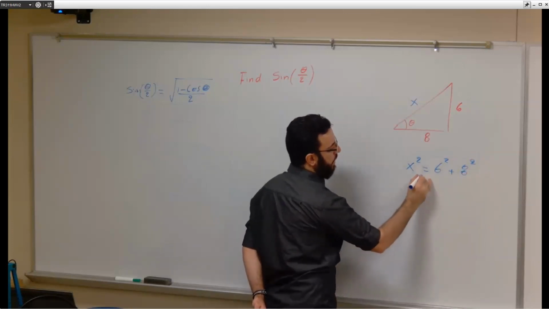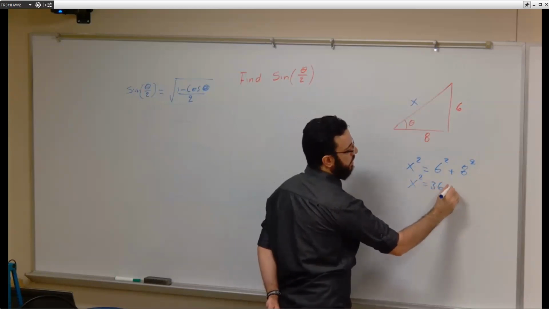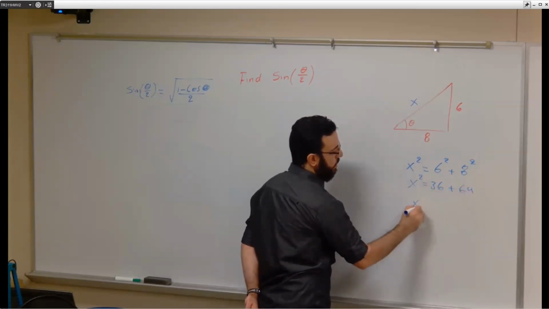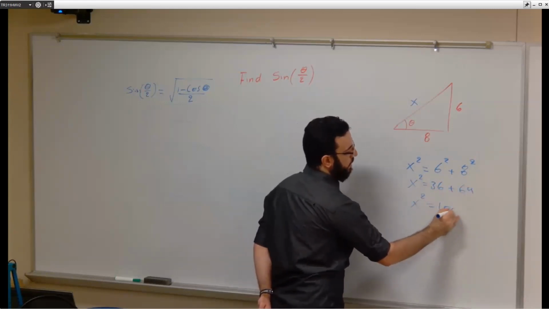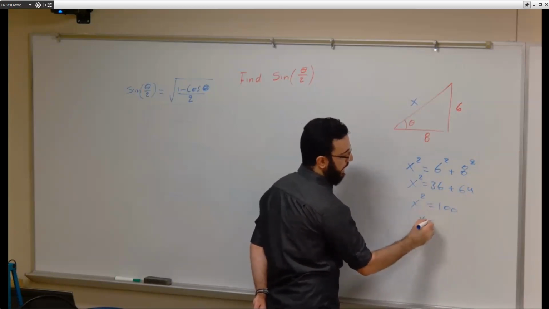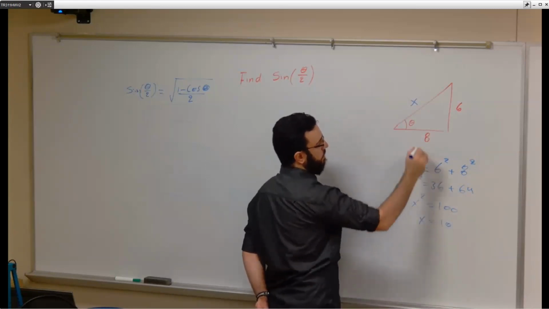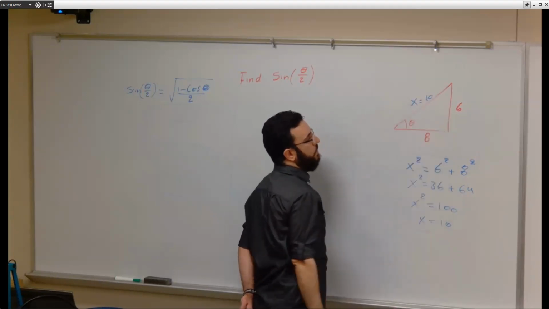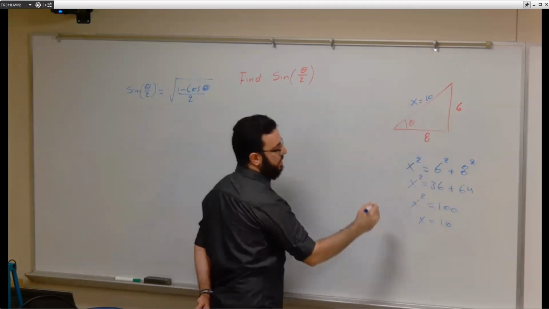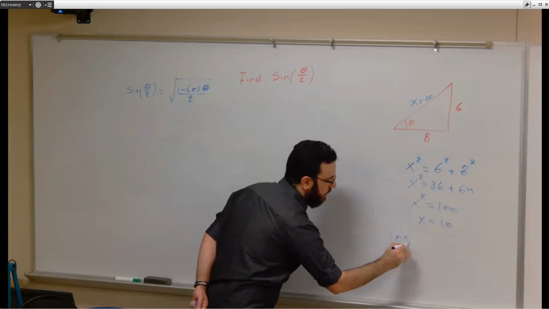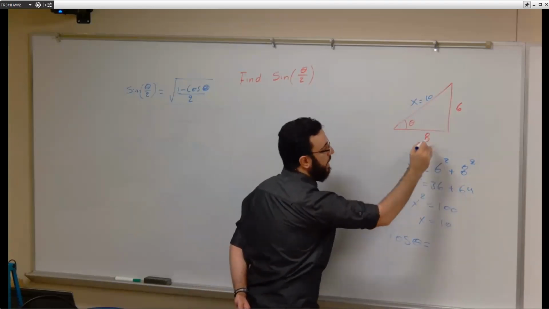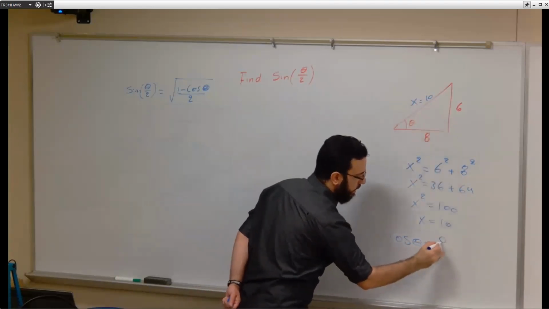That means x squared is 36 plus 64, so x squared is 100. Square root of both sides, x is going to be 10. That means cosine theta is going to be 8 divided by 10.